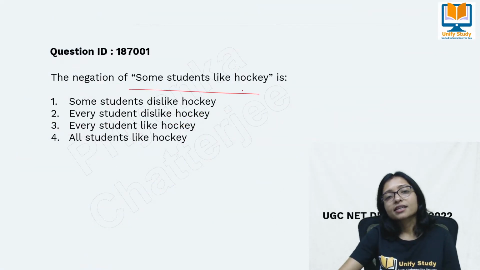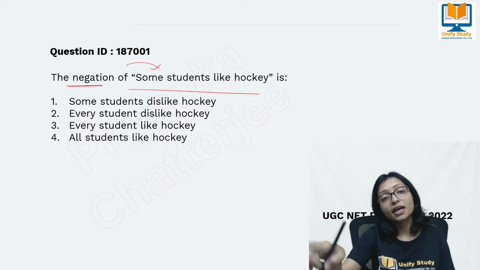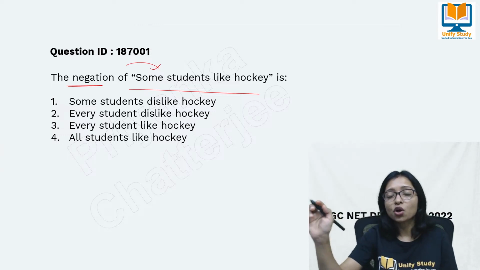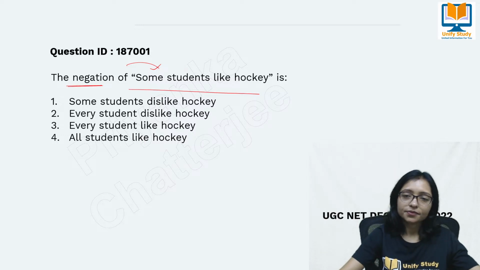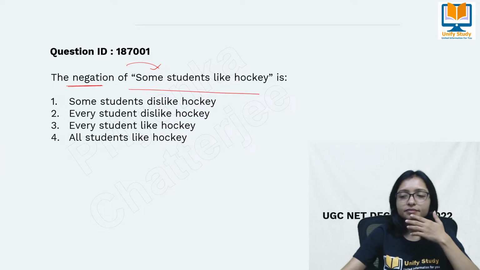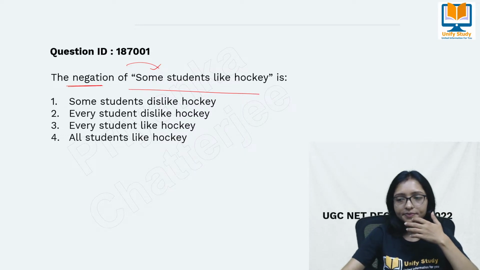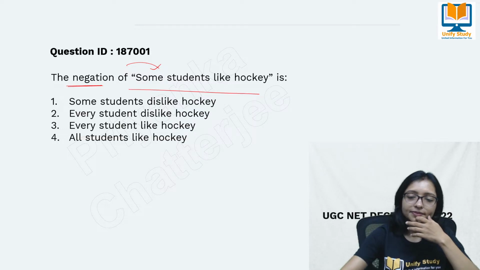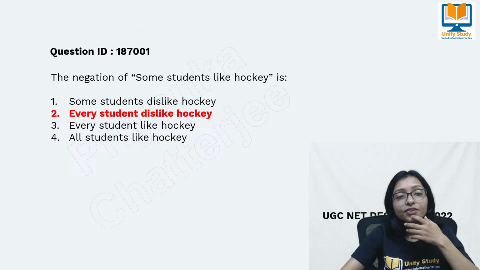Here it is: some students like hockey. What will be the negation of some students like hockey? Yes, every student dislikes hockey.